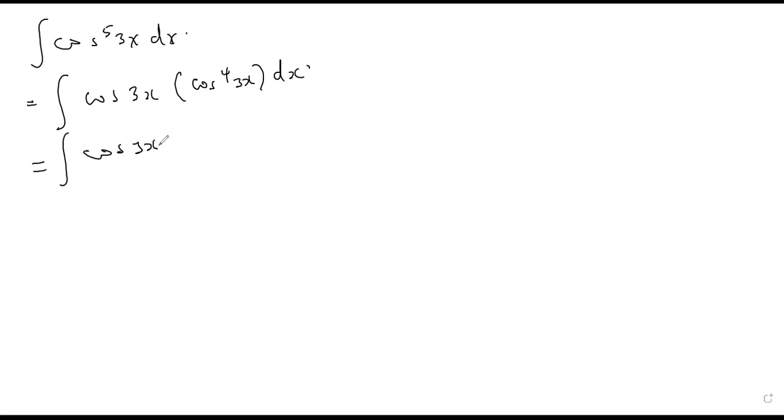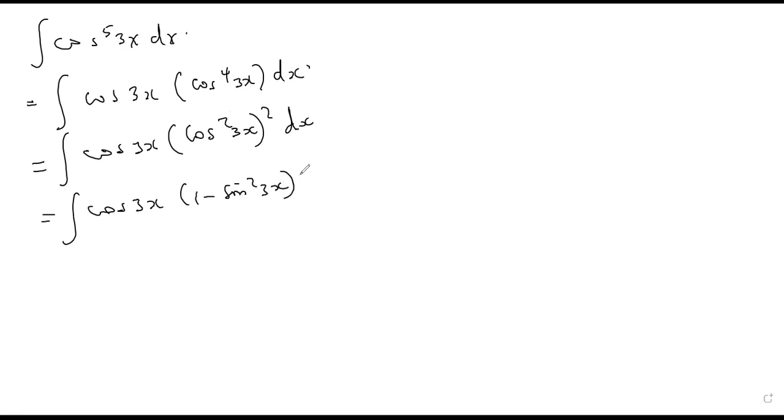of cos 3x. I can exploit that further. Cos squared 3x then squared dx, which is the same as cos 3x into 1 minus sine squared 3x by Pythagoras, then squared dx.